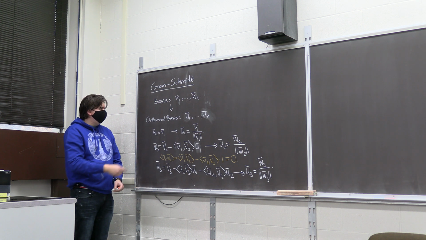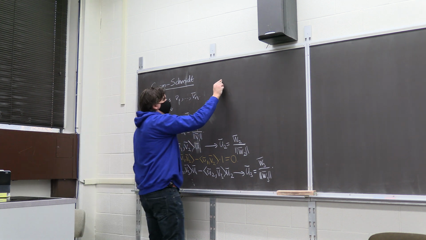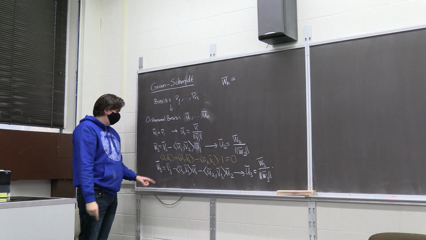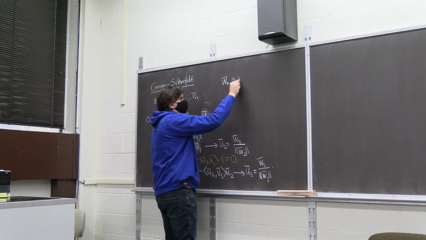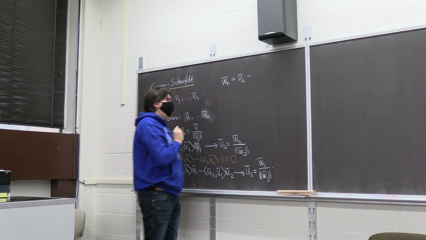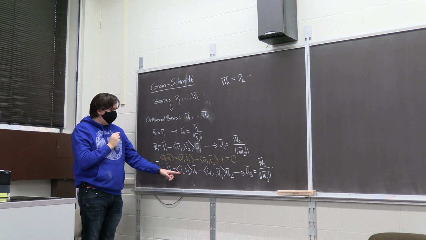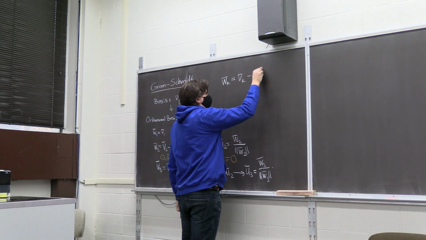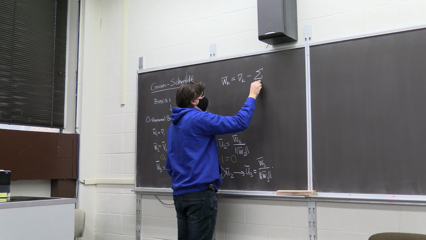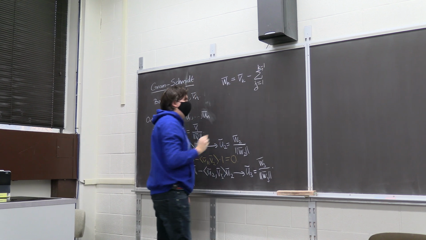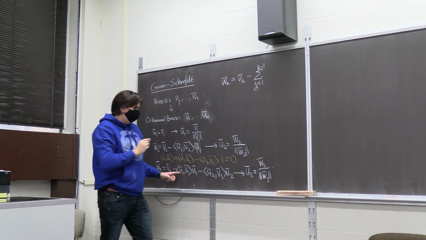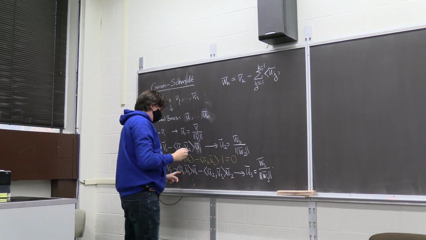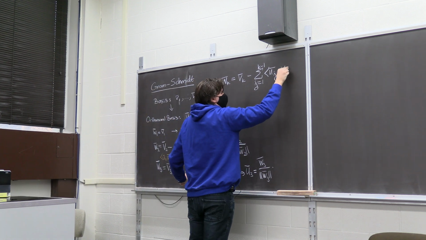So I suppose in general, we could say, what is WK? Let's give a general formula for it. Well, it's just VK minus the sum from j equals 1 up to k minus 1 of all the previous u's, uj inner product with vk.